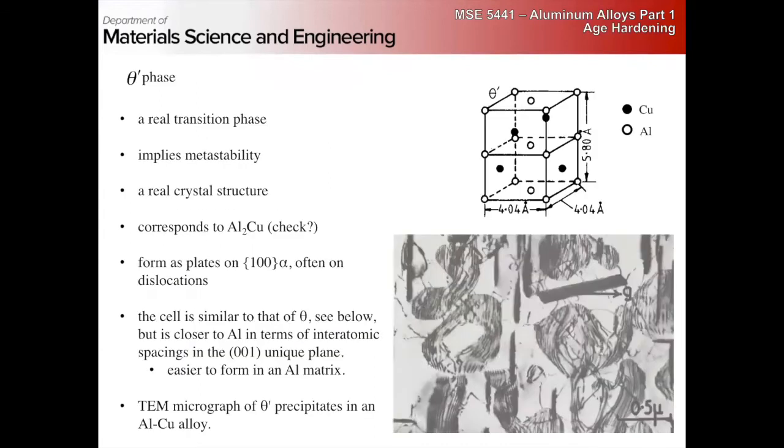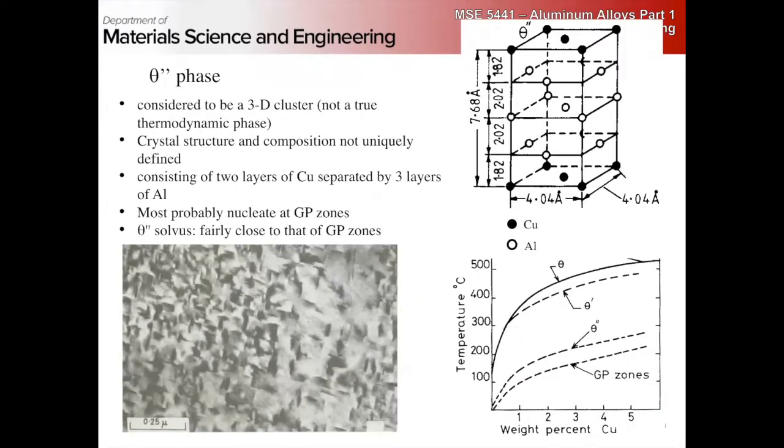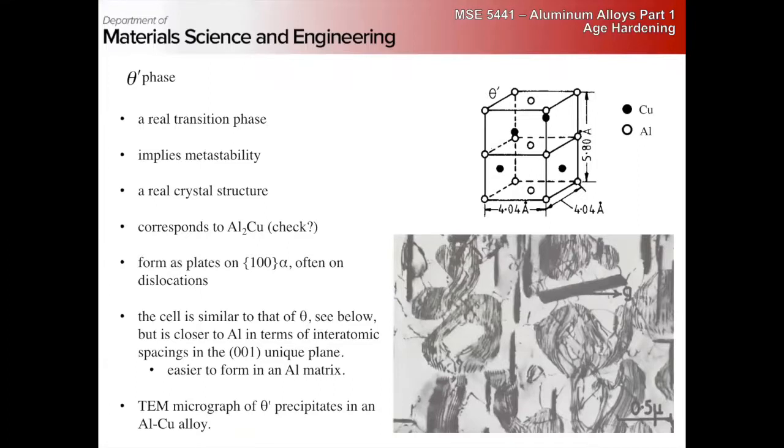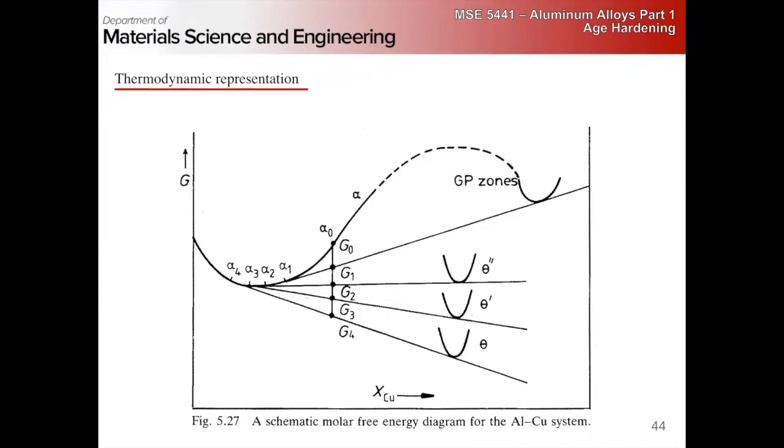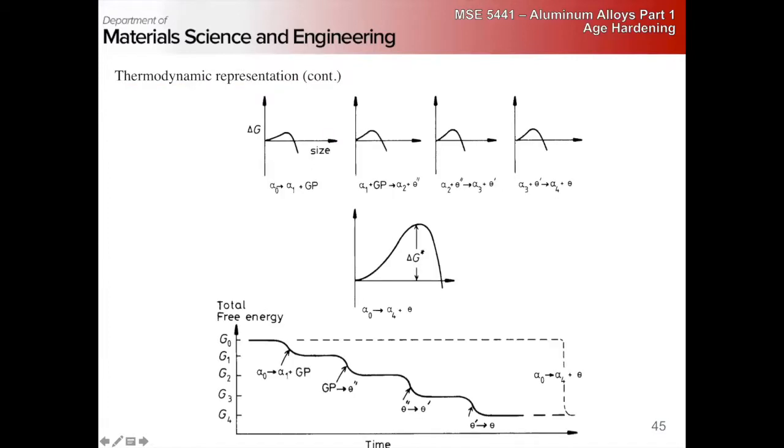We looked at other phases, the theta double prime, the theta prime, and the theta phase, and looked at how the composition changes as we nucleate the phases, and how heterogeneously nucleating the other phases from GP zones in the previous phases is much easier than nucleating the thermodynamically stable theta phase. And this is all in aluminum copper.